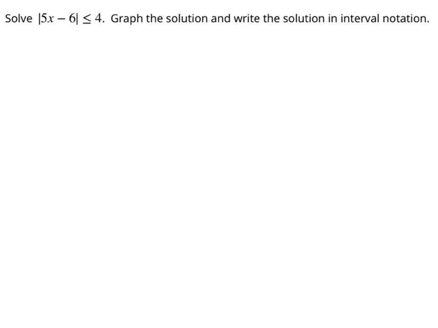So we can take away the absolute value and rewrite it as a compound inequality. The thing inside, which is 5x minus 6, is greater than or equal to -4 and less than or equal to +4. We write that as a compound inequality where we don't have to use the word and, it's just implied.